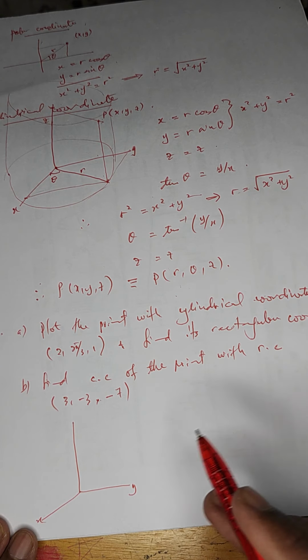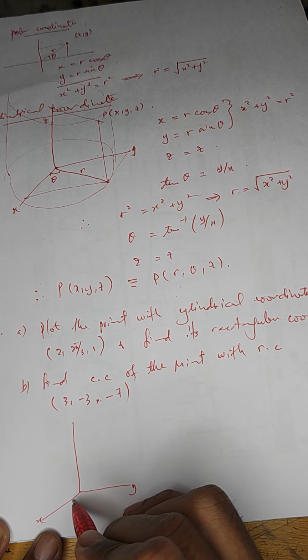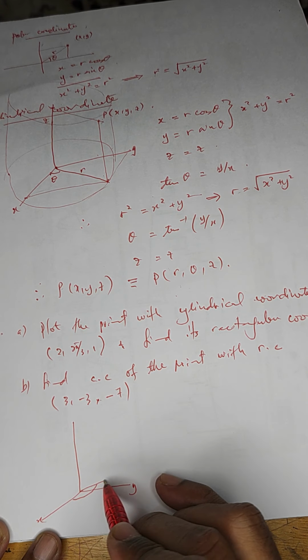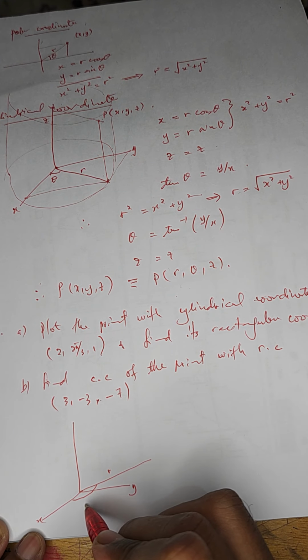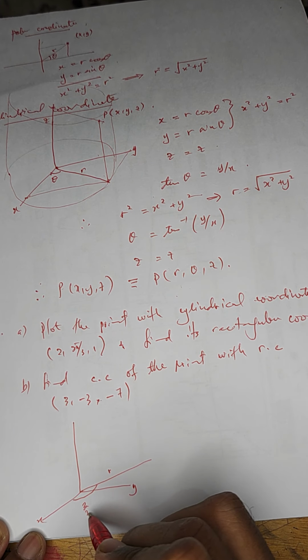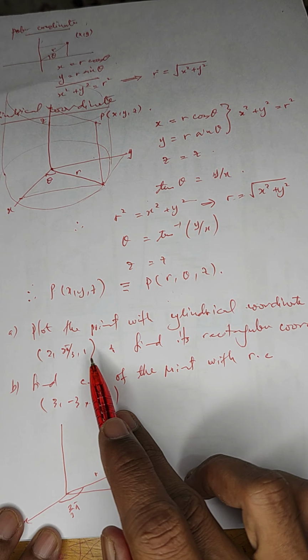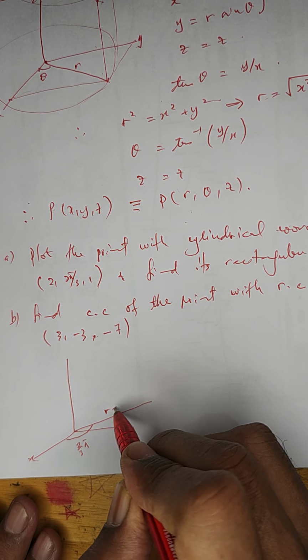So we have basically somewhere there. So this is your r, this is your angle, 2/3 pi, and then r is 2, so this is r equal to 2.